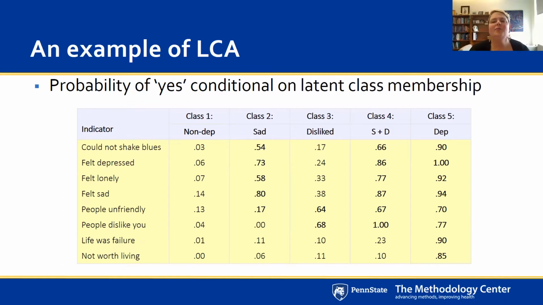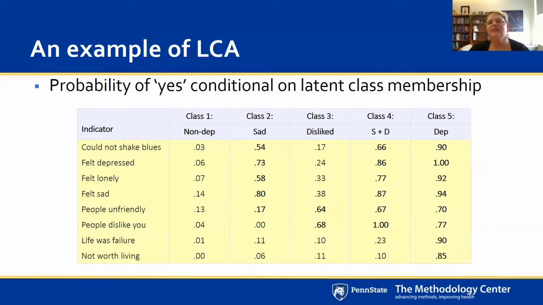Now, if you were a clinician, for example, perhaps you're just interested in that clinical cutoff of depressed or not depressed. Depending on where you set that cutoff, perhaps people who belong to class 4 and class 5 would be likely to be diagnosed as depressed, and people who belong to classes 1, 2, and 3 might be classified as not depressed.